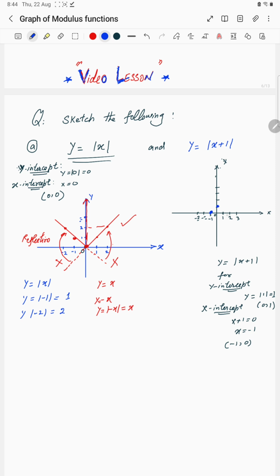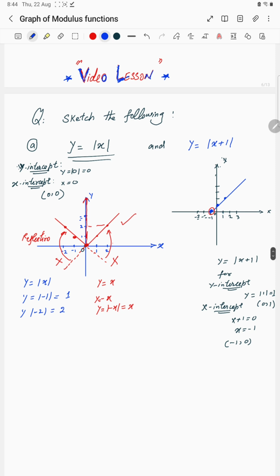When x is 1, y will be 2, so through 2 we can get this line. On the other side, when x is -2, y will be 1. So it will be here, and the line will go this way. And this is the graph for y equal to modulus of x plus 1.